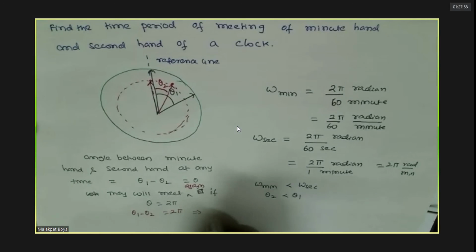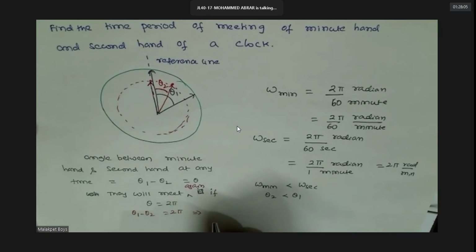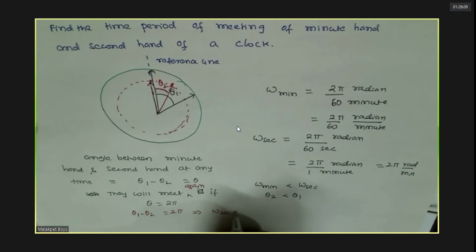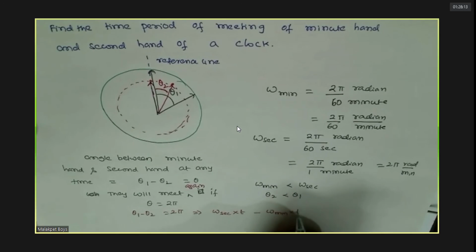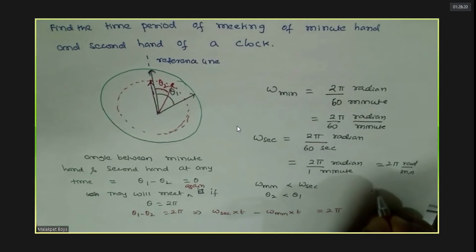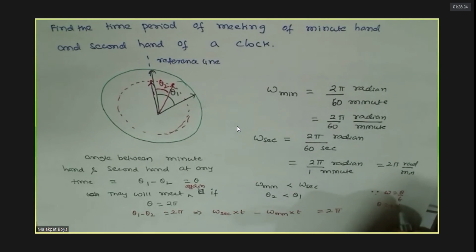So what is theta 1 minus theta 2? Omega of second hand into time, minus omega of minutes hand into time. Agreed or not? Why? Because what is omega? Theta by t, no?